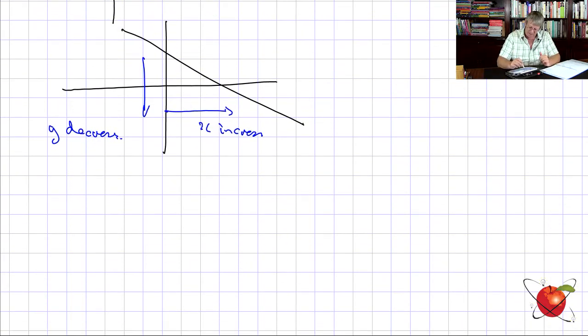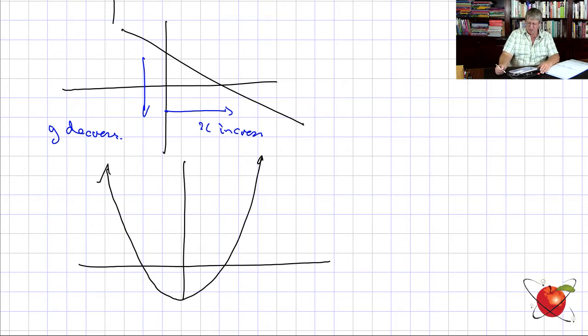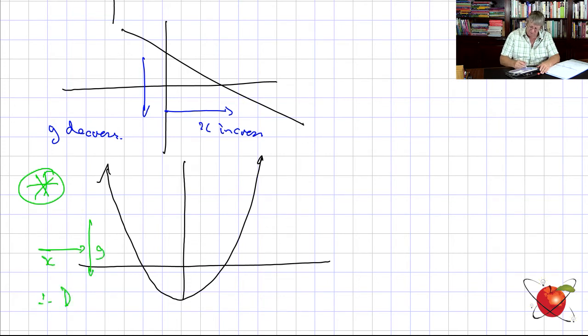Well, what's happening here then? There's always an if. Let's have a look at what's happening on the green side over here first. X is getting bigger, y is getting smaller. Therefore, the function we say is decreasing.